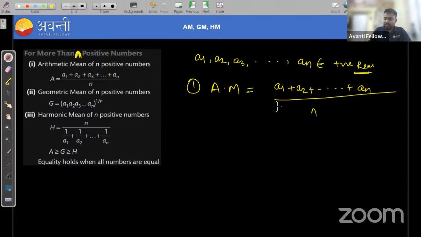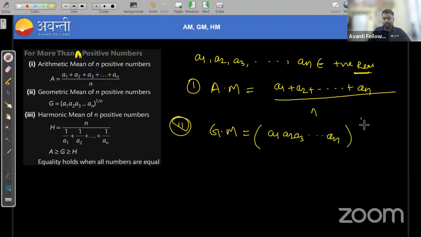The second formula is for the geometric mean: it is the product A1 into A2 into A3 up to An, whole to the power 1 by n. This is the formula to find the geometric mean.